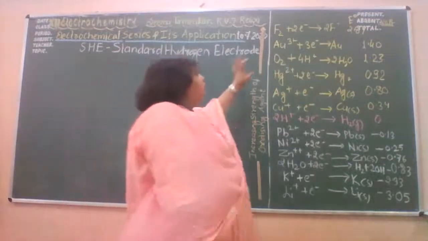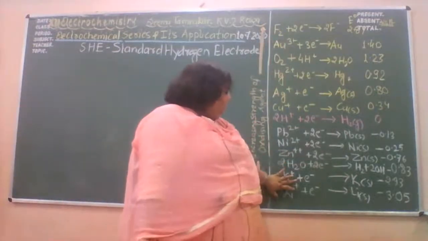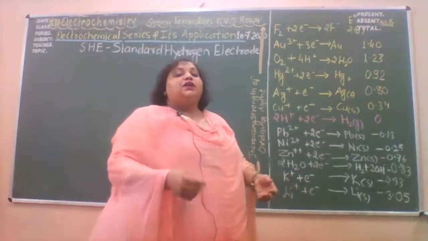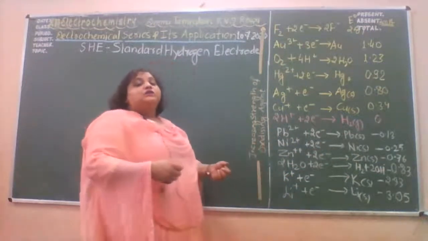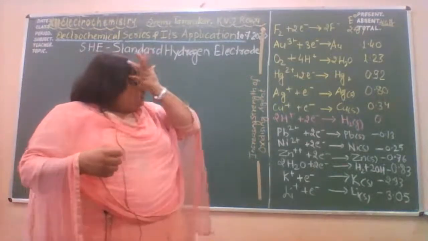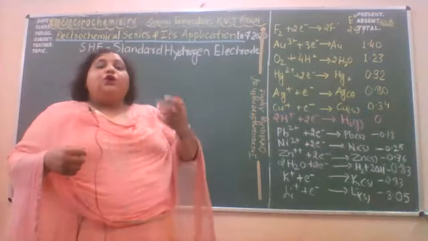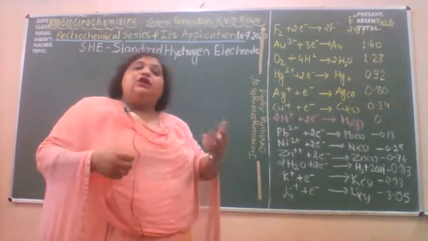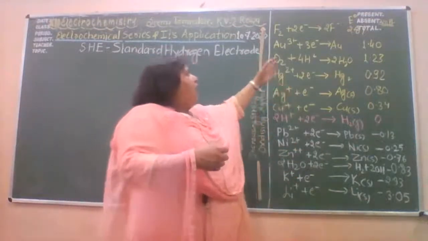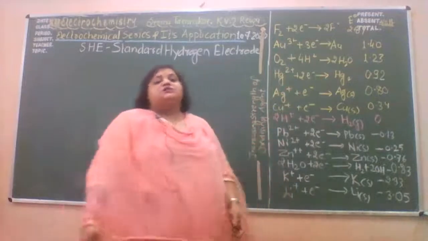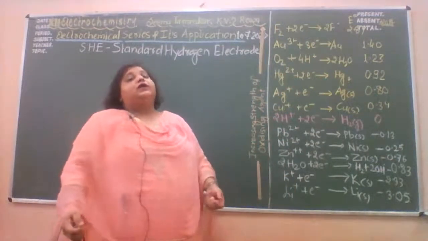So just from the top element and the bottom element you can remember, and that's why I always say: don't just collect the knowledge, you also apply it. Now the metallic and non-metallic properties, you know that metals are electropositive, they have the tendency to lose the electron, and non-metals, especially fluorine, always have the tendency to gain the electron.